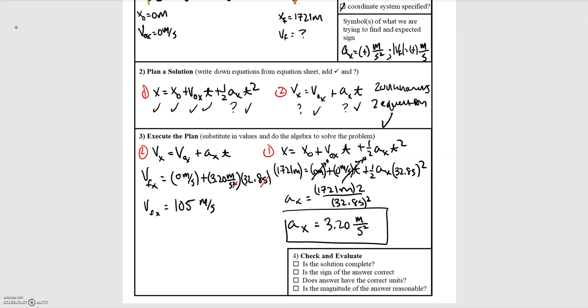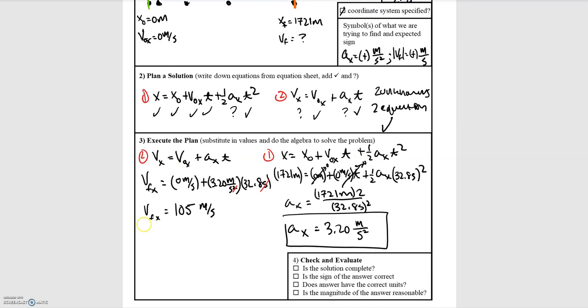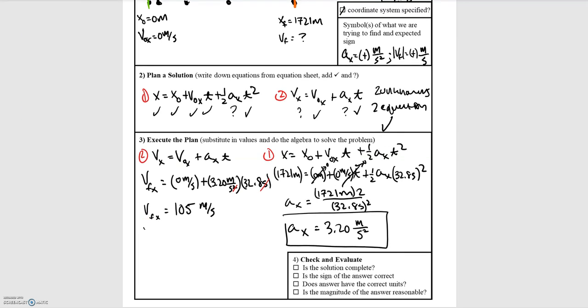Again, we were asked to find the final speed, or the takeoff speed, and that's not necessarily going to be equal to the final velocity. So we need to take the magnitude to get the final speed.